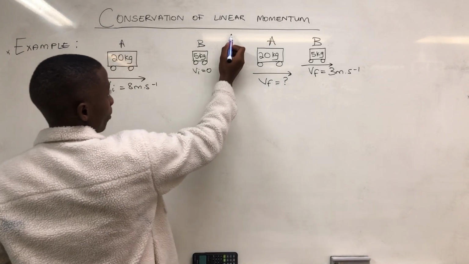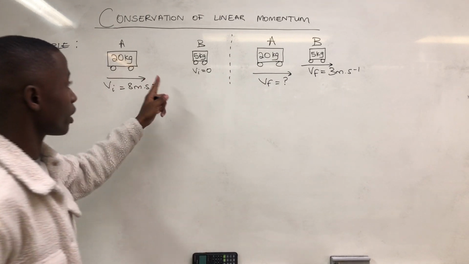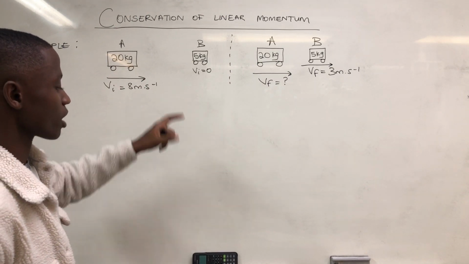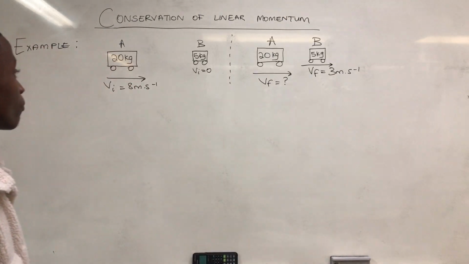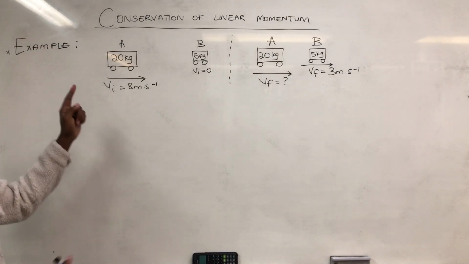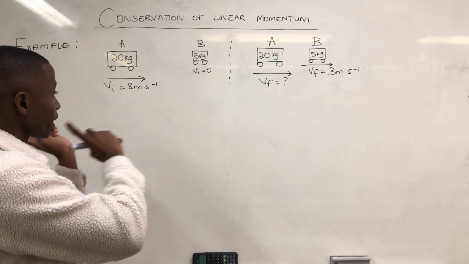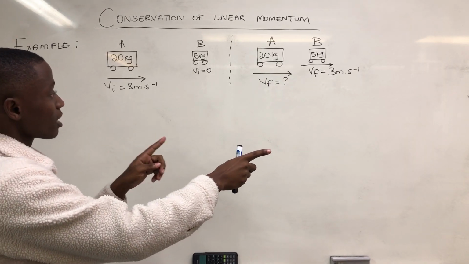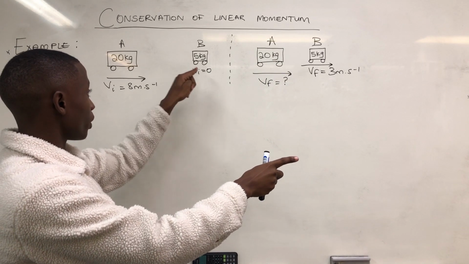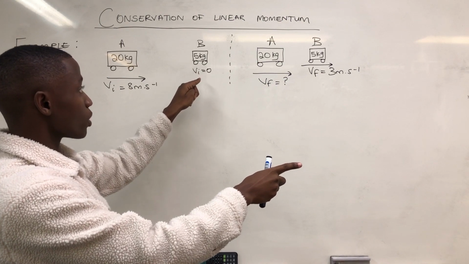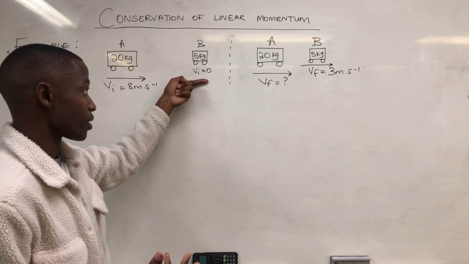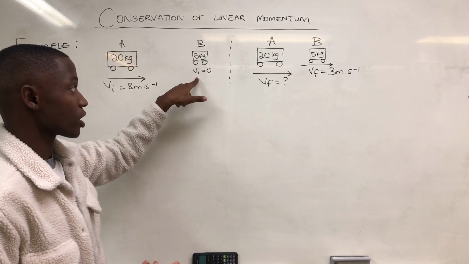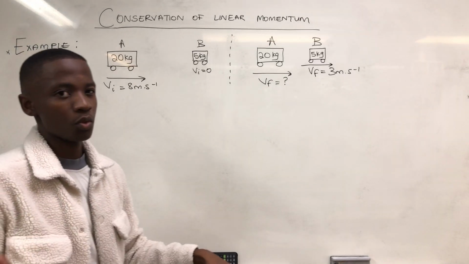By the way, on this side we have the sum of the initial momentum and the sum of the final momentum on the other side. You can clearly see that we have object A moving at 8 meters per second about to collide with object B, which is 5 kg and stationary, so its initial velocity is equal to 0.